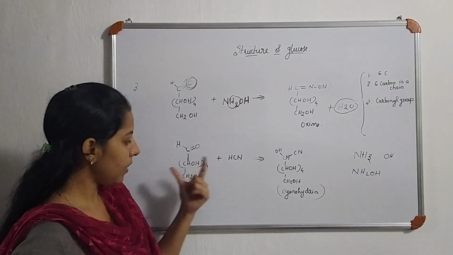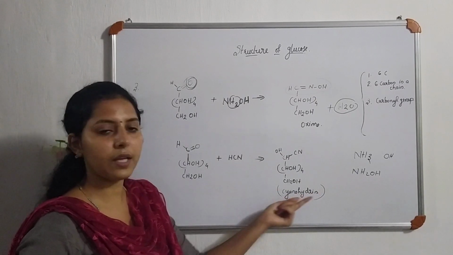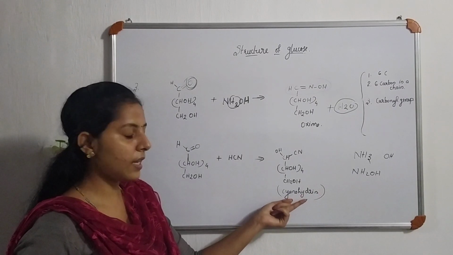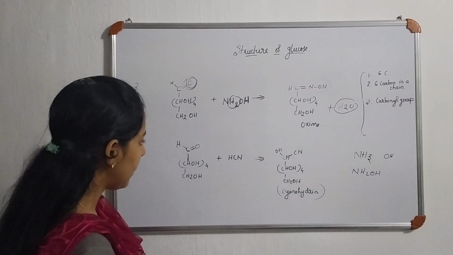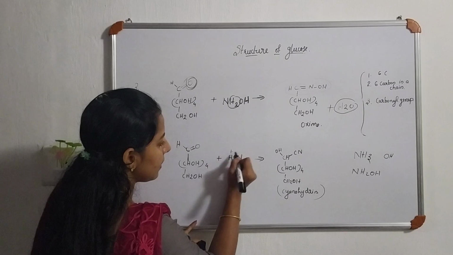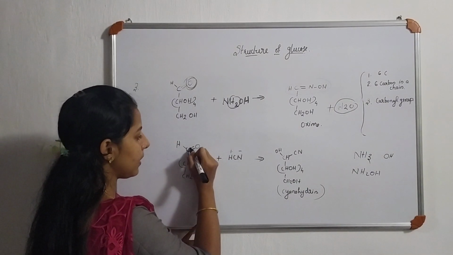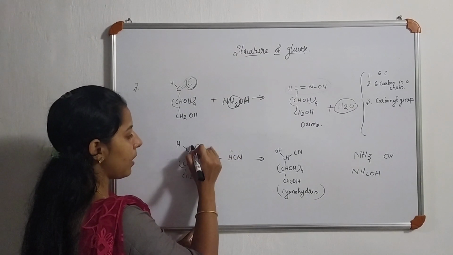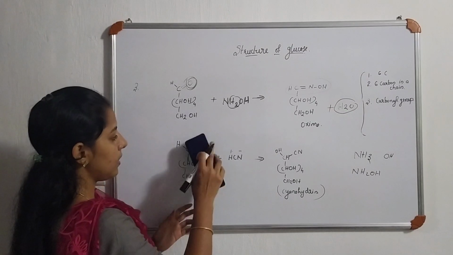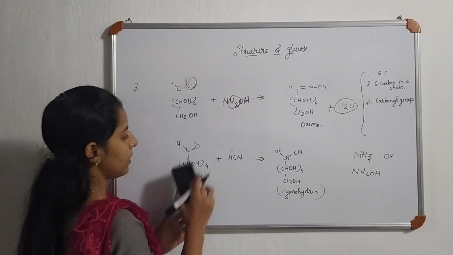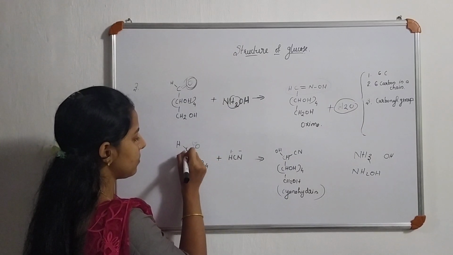Again, when glucose is treated with hydrogen cyanide, it forms cyanohydrin. And this reaction is also an indication of the presence of a carbonyl group. Here, we know the charges of the ions, hydrogen and cyanide ion. And here, oxygen is more electronegative, so the pi electrons shift towards this oxygen. As a result, this oxygen gets a partial negative charge and this carbon a positive charge.